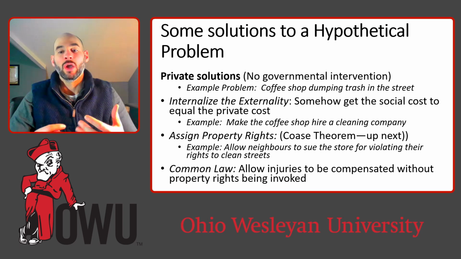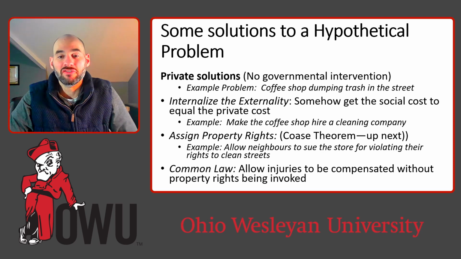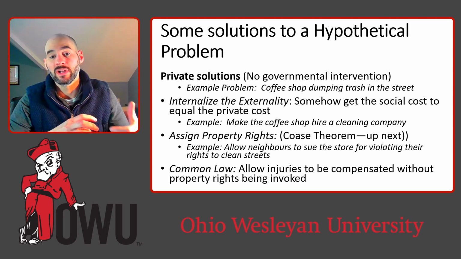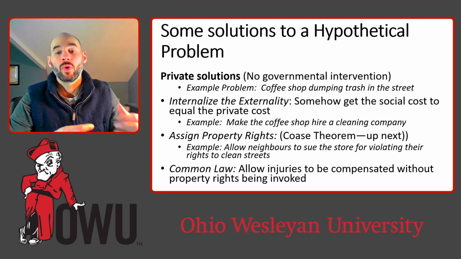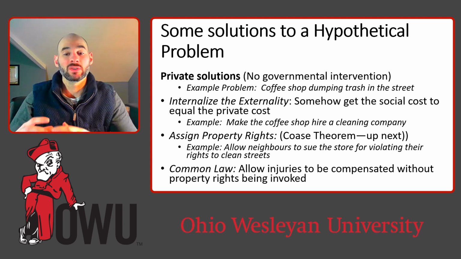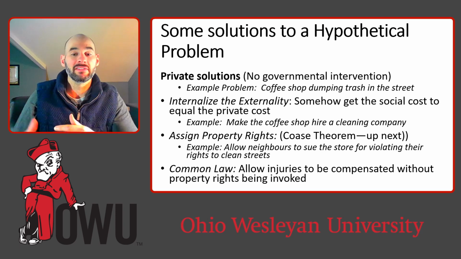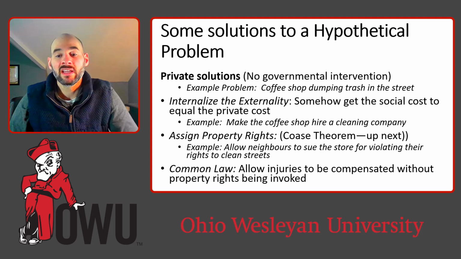But in this case, we would have the same amount of garbage in the street, same amount of pollution, whether we say that the coffee shop has the right to pollute and the neighbors can pay them to not pollute, or whether we say that the neighbors have a right to a clean street and they can sue the coffee shop for polluting the street.